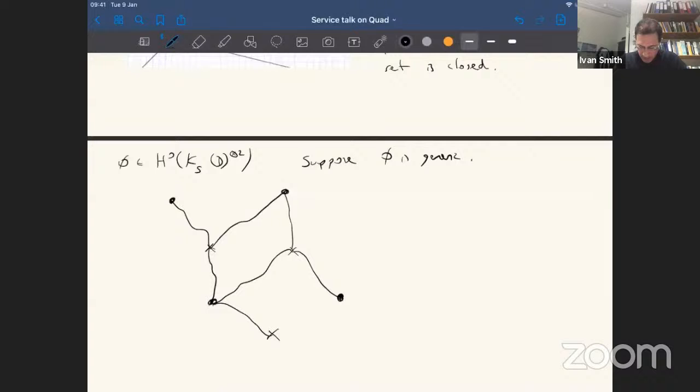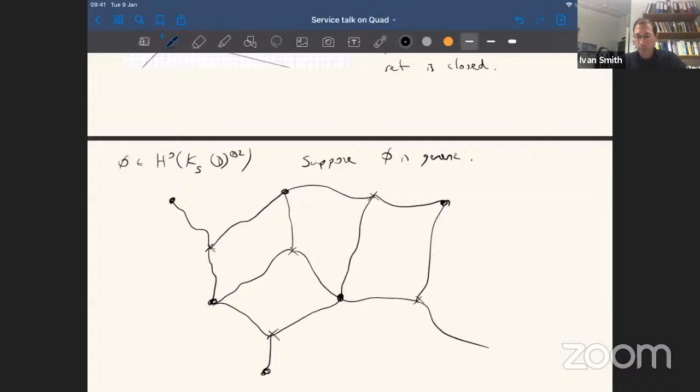And I get some picture on my surface that starts to look like this. Okay, so this is a sort of generic picture in which these are points of my special divisor D, and these are zeros of phi, and I've drawn the trajectories in this kind of horizontal foliation.